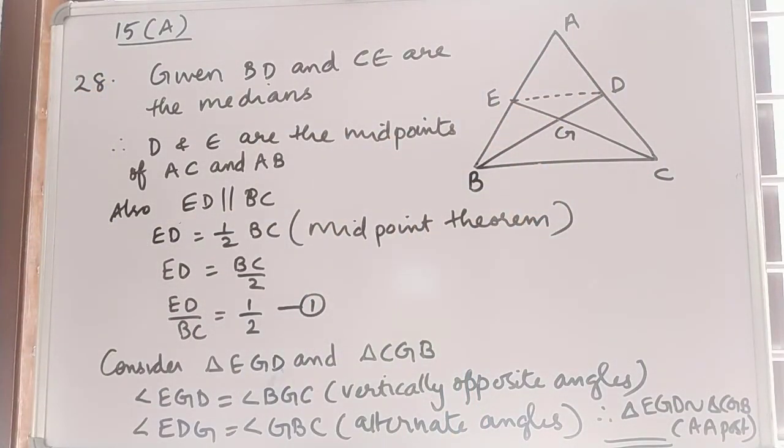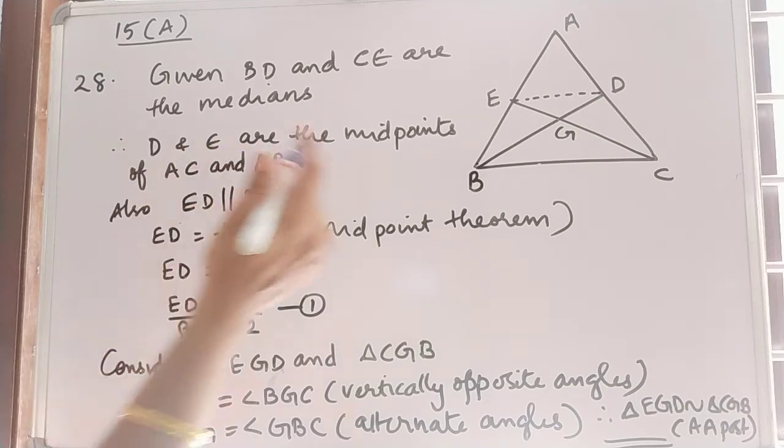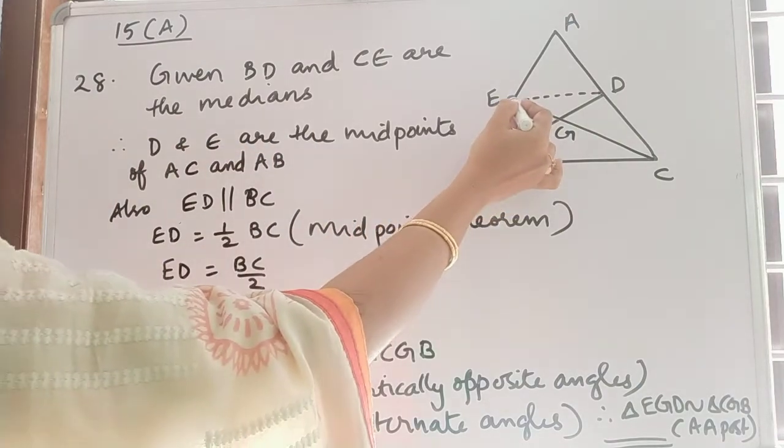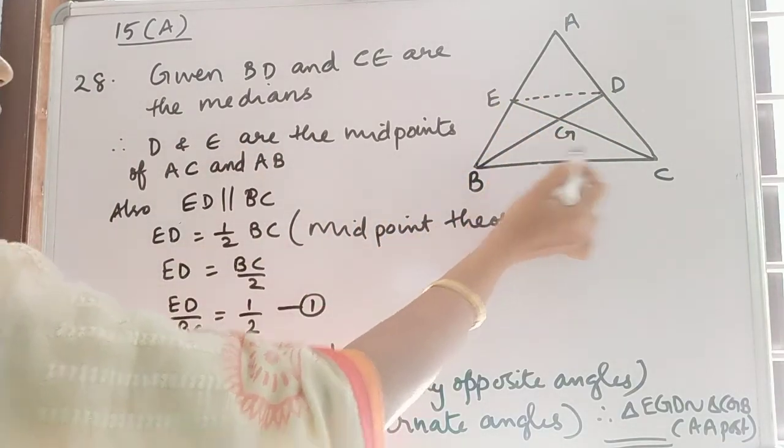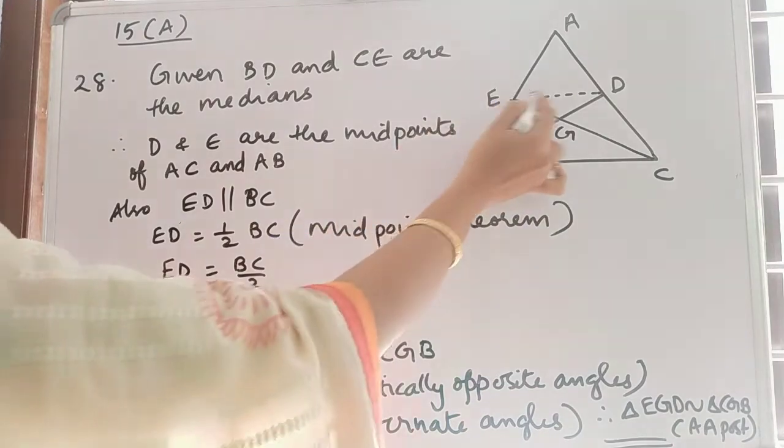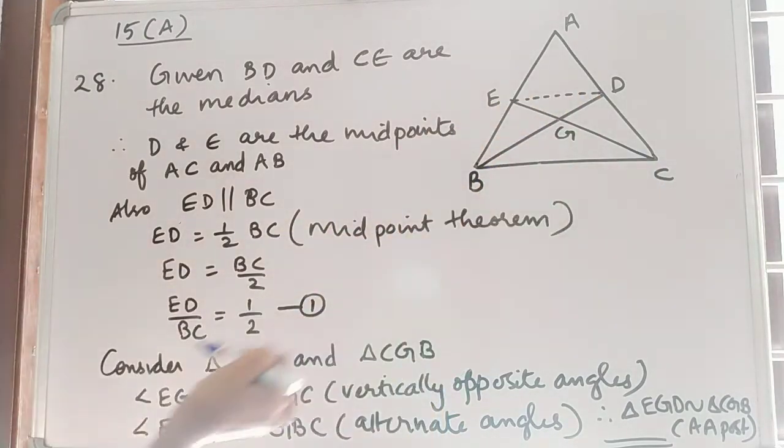Also, ED will be parallel to BC. Using the midpoint theorem, we can say ED is equal to half BC.